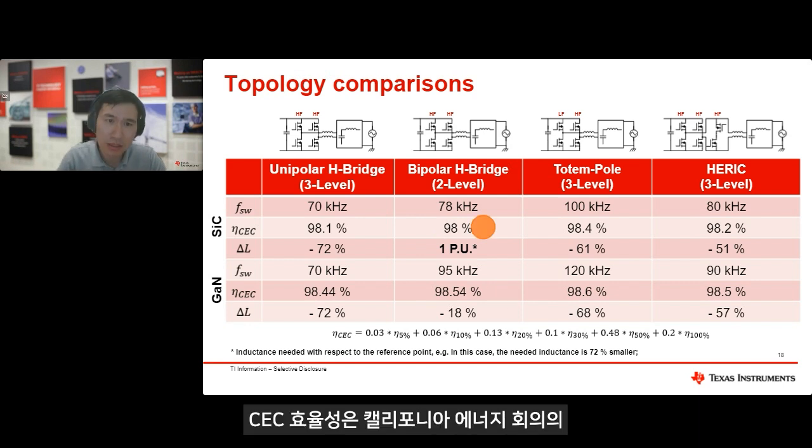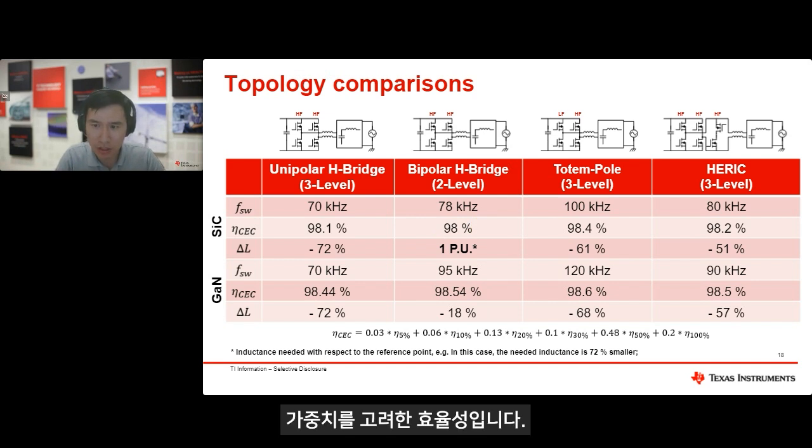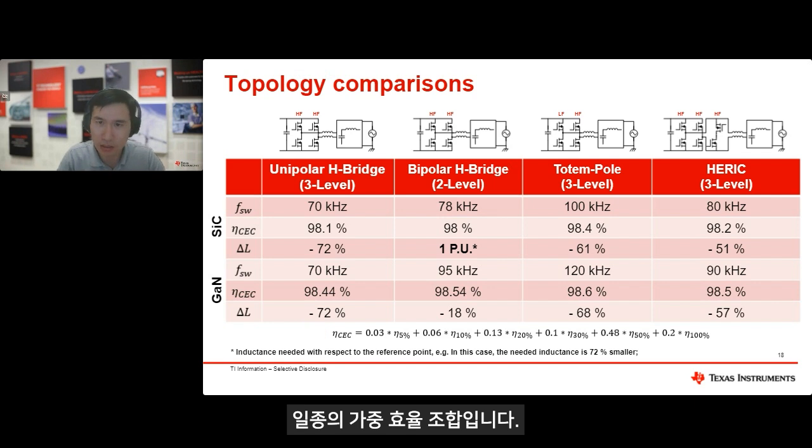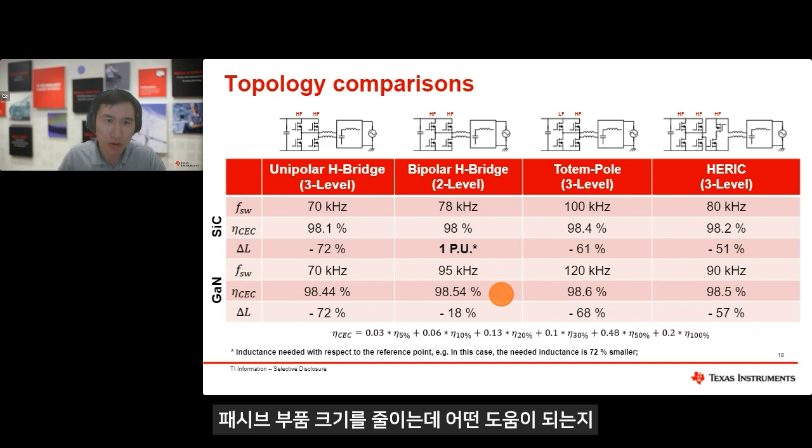The CEC efficiency is the California Energy Commission weighted efficiency, a weighted combination of the efficiency at different load conditions. From this comparison, you can clearly see how GaN can help you improve the efficiency as well as reduce your passive component size.